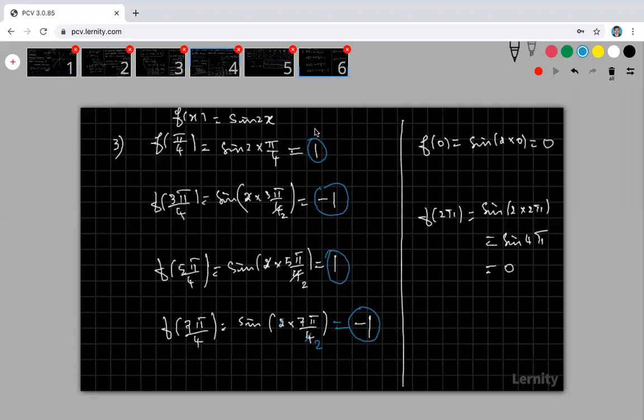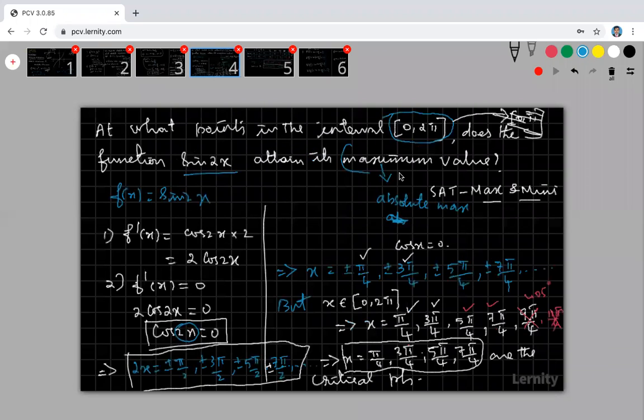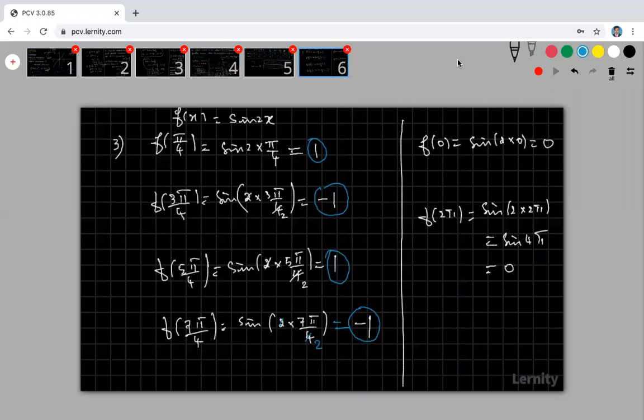Now look at the question. The question is only maximum. They don't want the minimum.